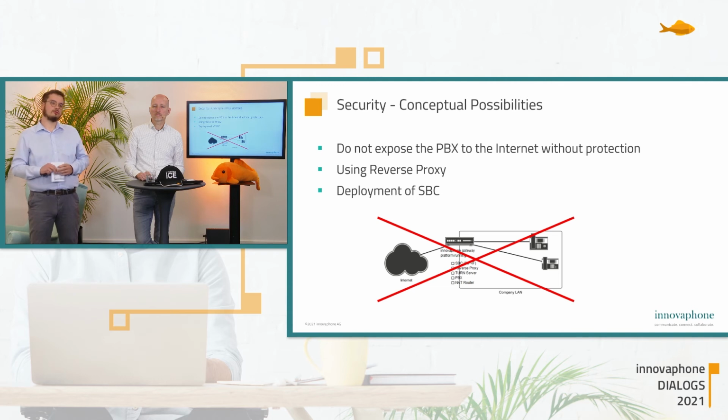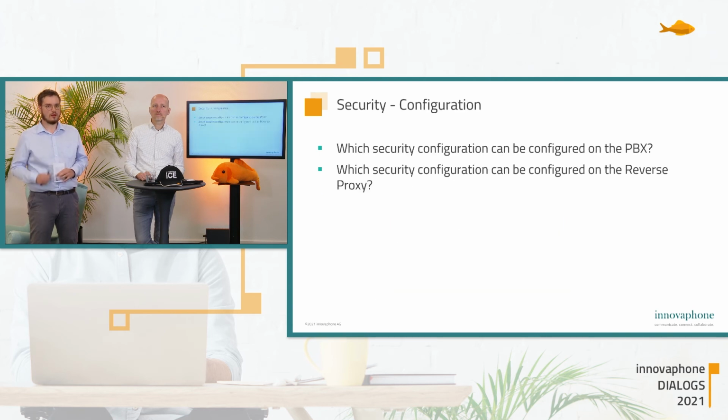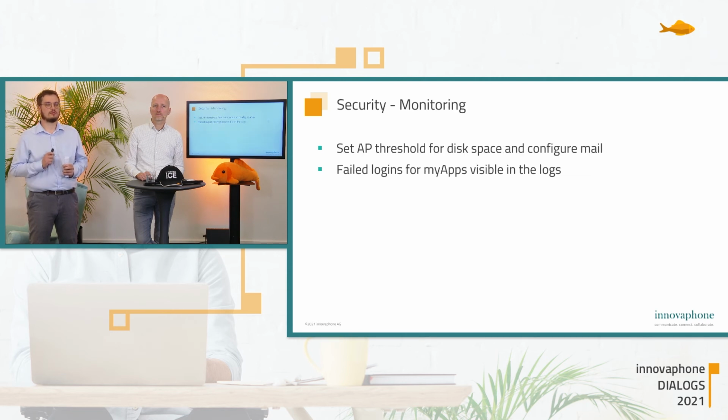Like here: don't put the PBX on the public internet, in order to not expose it to attacks. We will also talk about configuration, for example the threshold for disk space and configuring mail on the app platform.